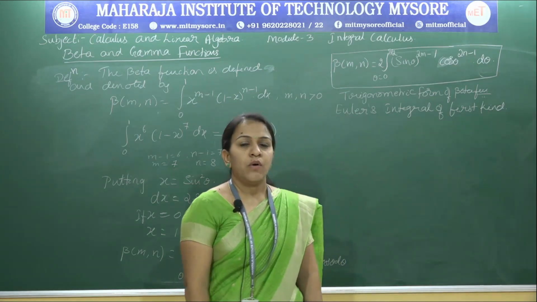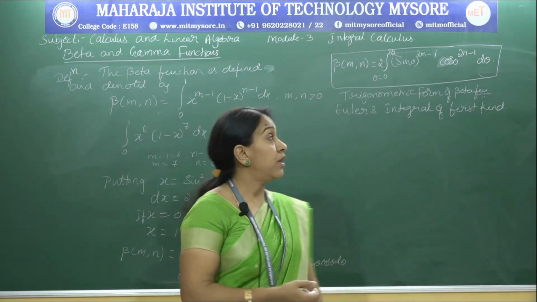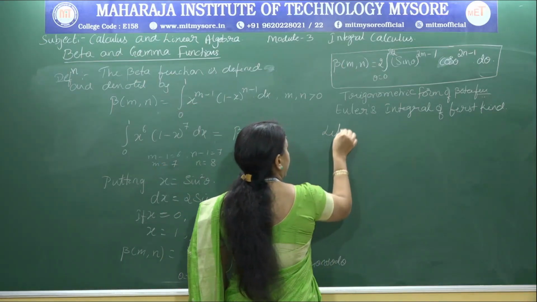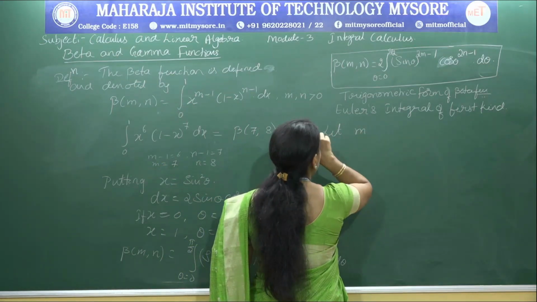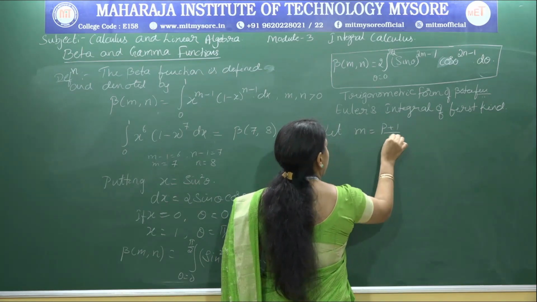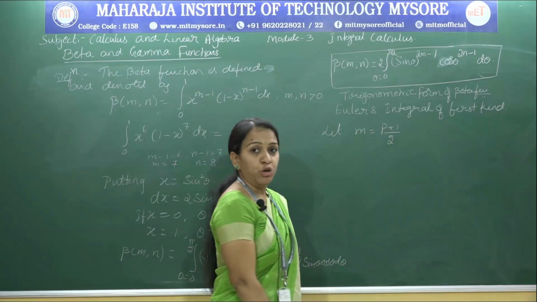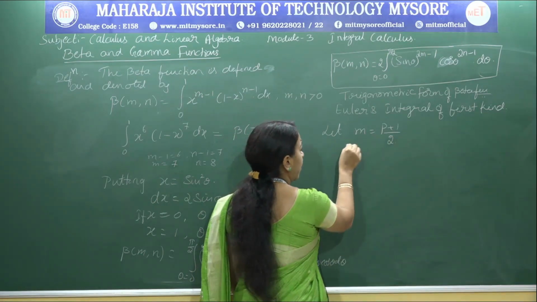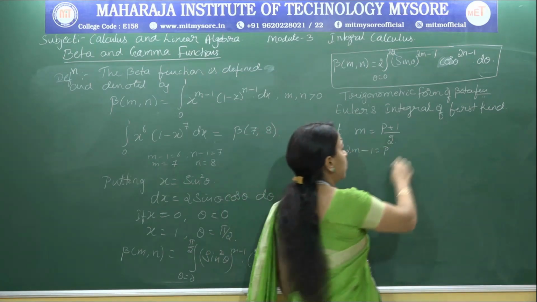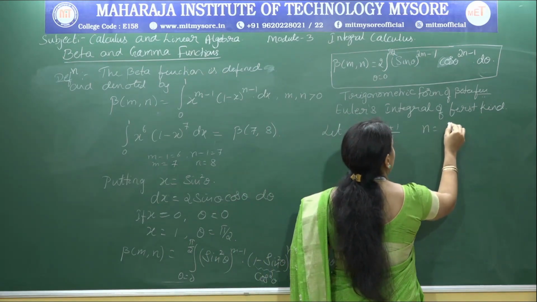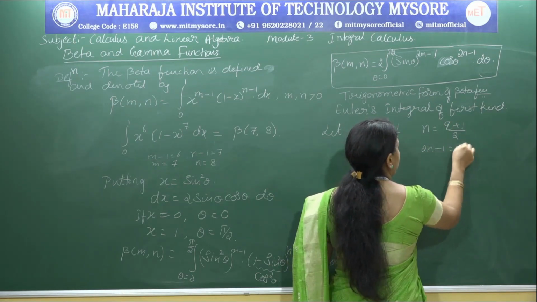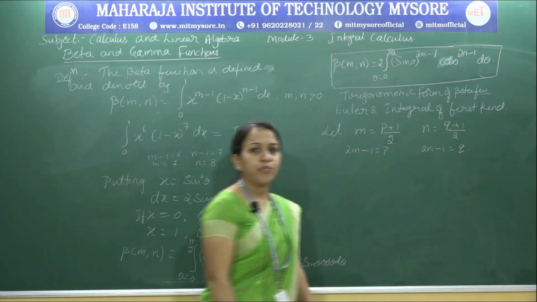Now, how to rewrite that in another form? Yes, by this substitution: let m be equal to p plus 1 by 2, so that 2m minus 1 will be p, and let n be q plus 1 by 2, so that 2n minus 1 will be q.